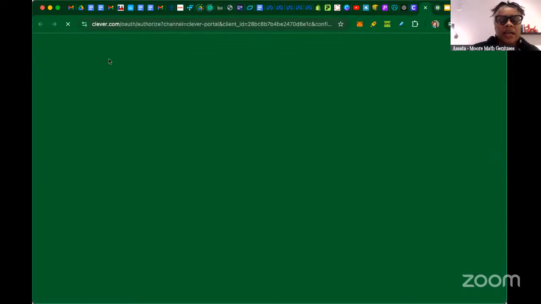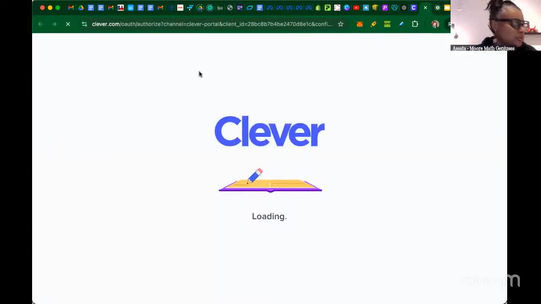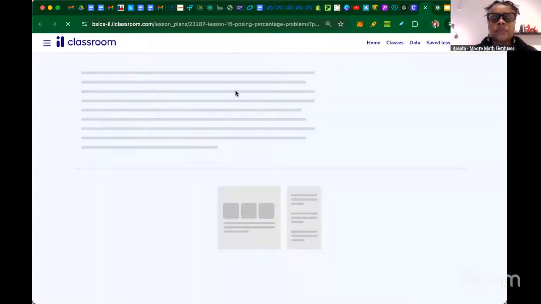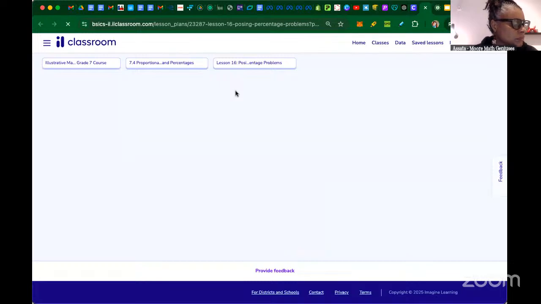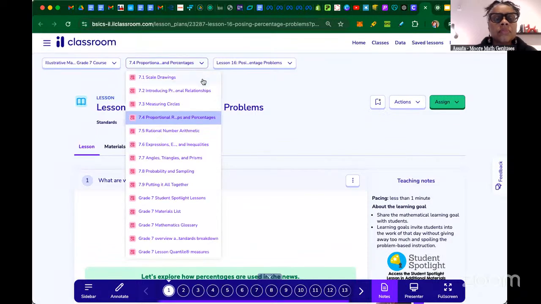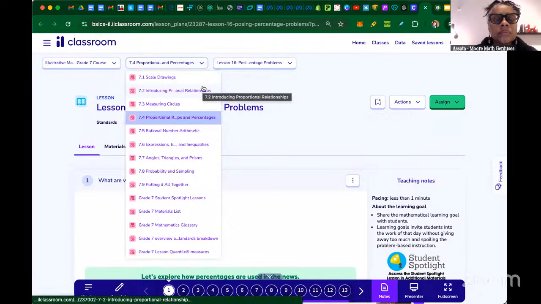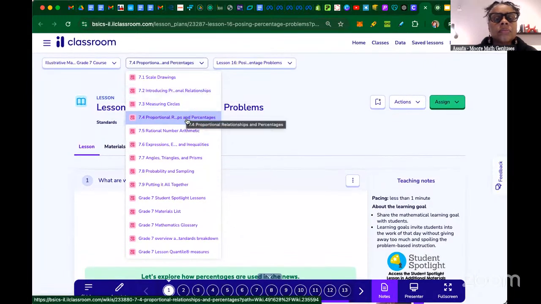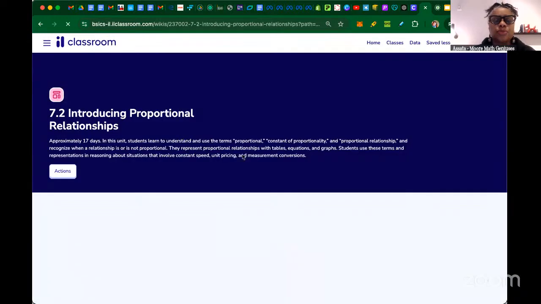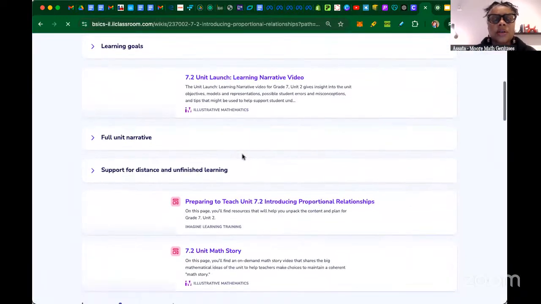Seventh grade constant of proportionality. I'm going to pull up some problems on that. Let's look at some proportional relationships here.